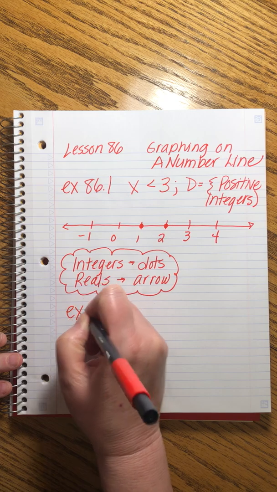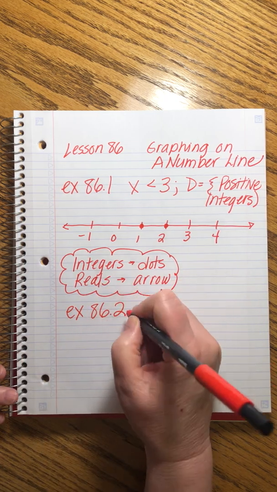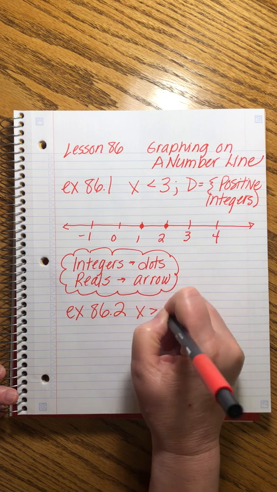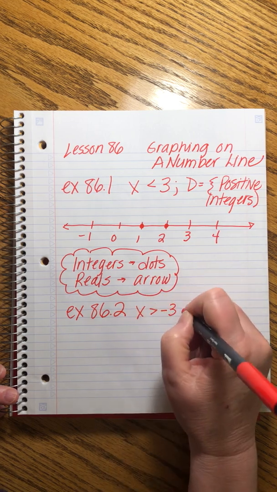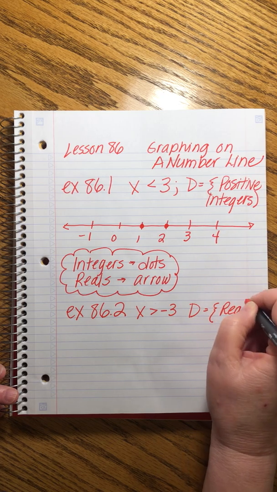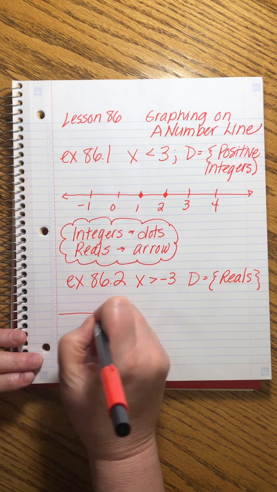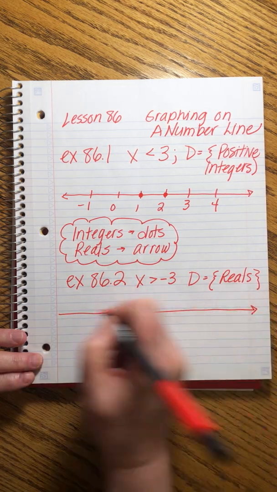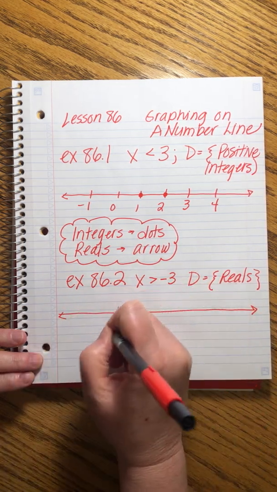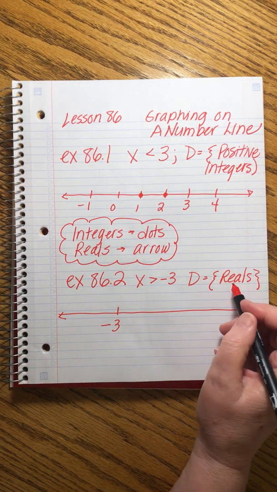Let's do another one to get our brains back in gear around these. Graph x is greater than minus 3. Domain equals the reals. Okay? Number line. I'm going to put in negative 3. It's the reals.